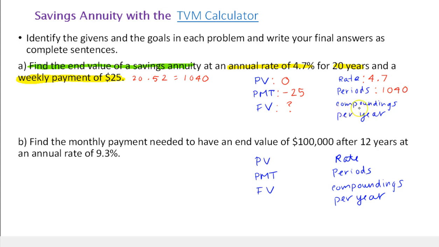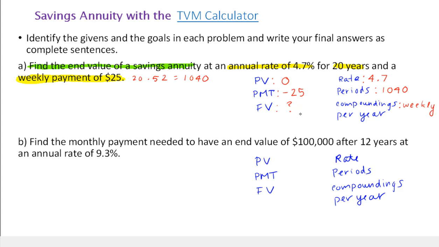And finally, compoundings per year. This is a drop-down menu, and we are assuming with all of our problems that it is compounded whatever the time period for the payment is. So it's going to be weekly, and we're just going to change this to weekly. Then there are buttons, and you click on the button that you want to solve for.